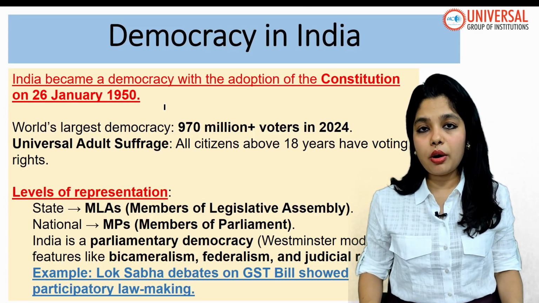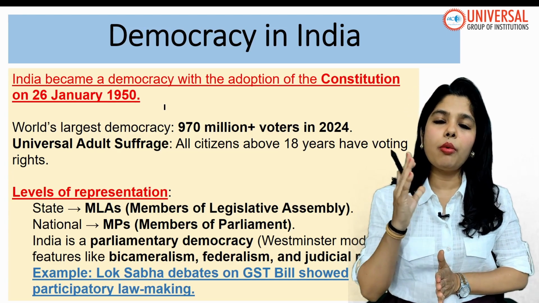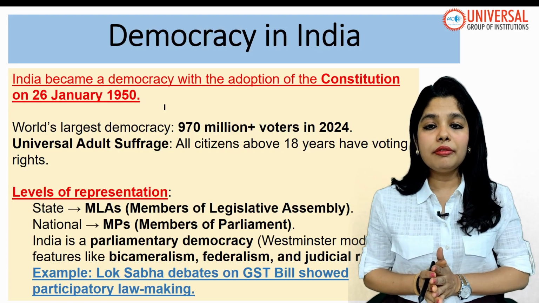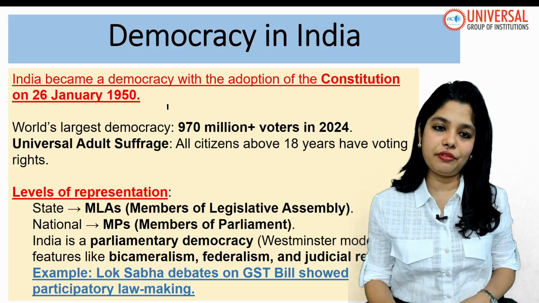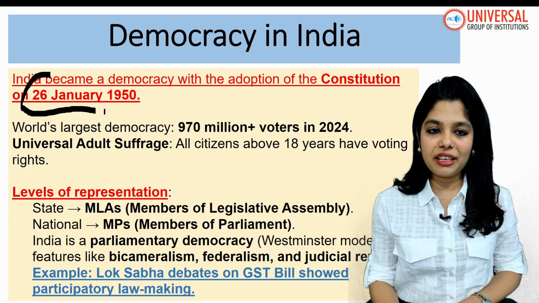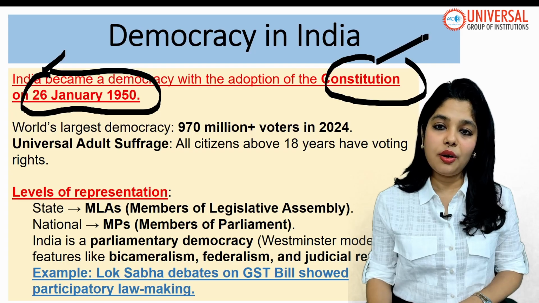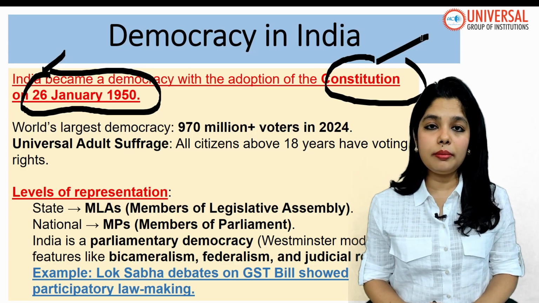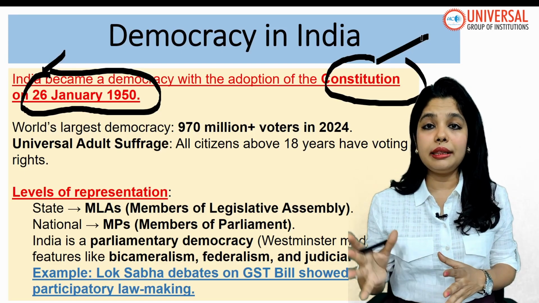Moving forward, democracy in India. India got full-fledged democratic values, and democracy was adopted with the adoption of the Constitution of India on 26 January 1950. This was the time when India got its constitution. The Constitution of India is again borrowed by many countries.